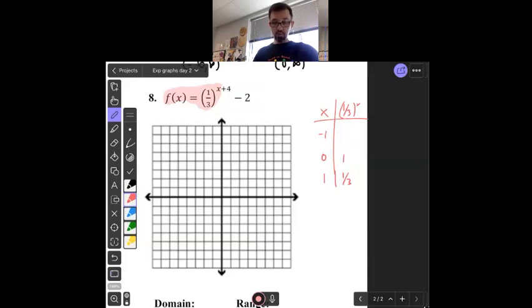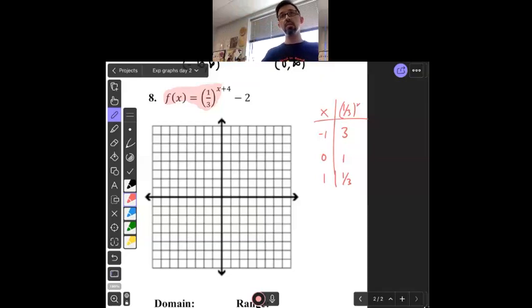Tatum, what's 1/3 to the negative 1 power? Lucas, what's 1/3 to the negative 1 power? Yep. All right, Stella, 3. Okay. Flip the fraction. So 1/3 becomes 3. 3 over 1.